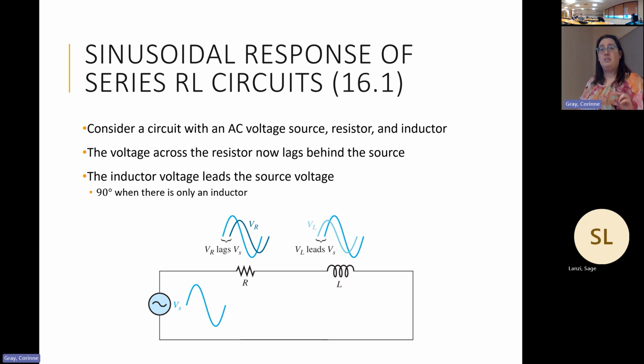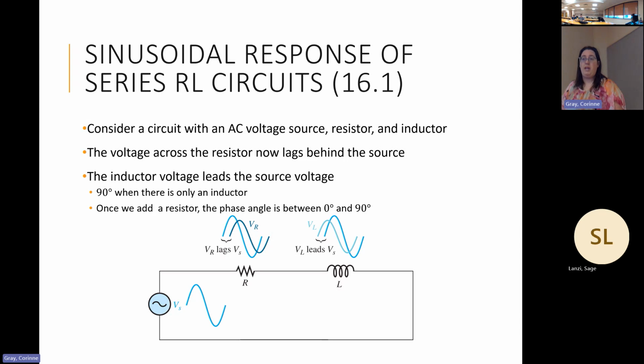Now that we have an inductor and a resistor, there's going to be some variance in how that's done. For that, we need to figure out what inverse tangent we're going to be using this time. But the value will be between 0 and 90 degrees.